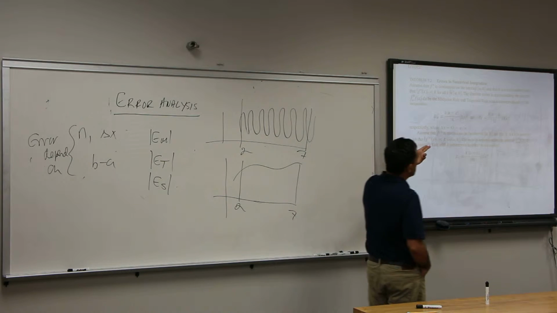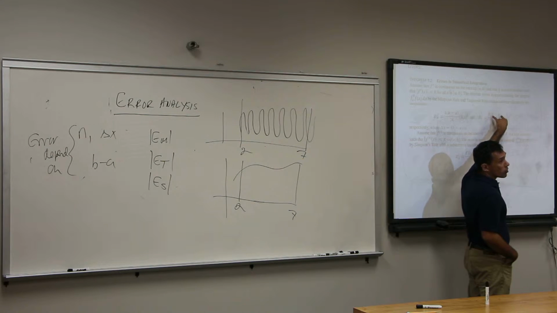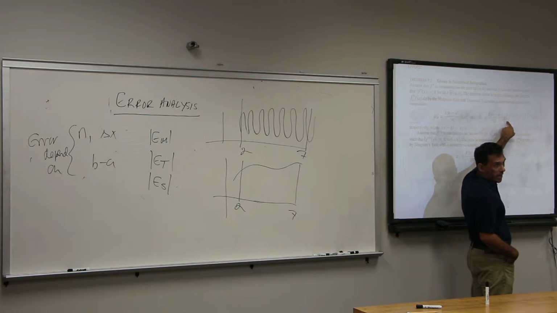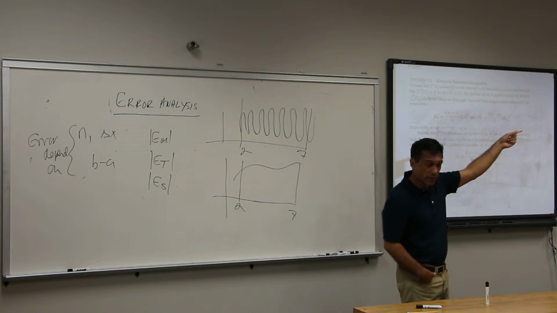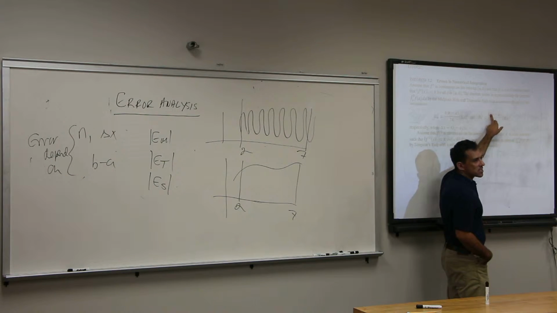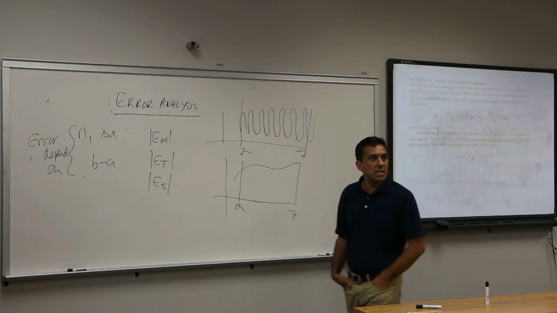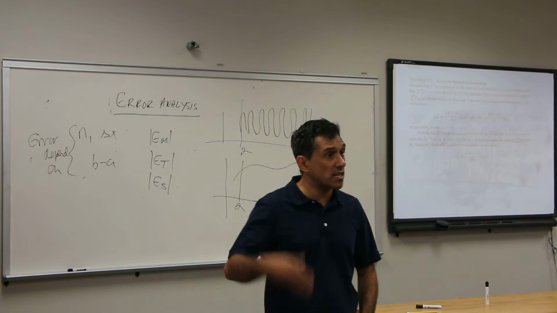And for the trapezoidal rule, it will be the same thing. Your error will be no more than b minus a, so the bigger the difference, the bigger your error. Divided by 12, delta x squared, the bigger your delta x, the bigger your error. And again, this constant k is the maximum of the second derivative over the interval a, b. That is an absolute value.